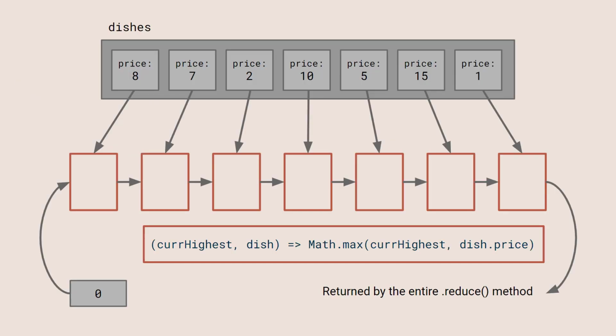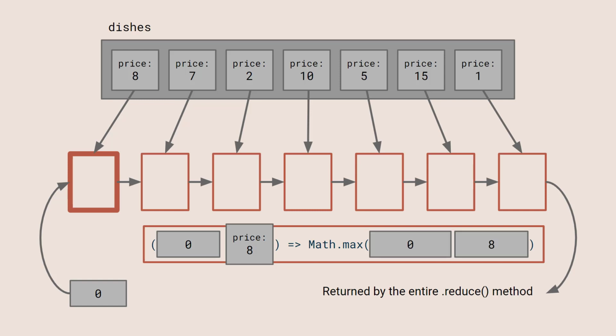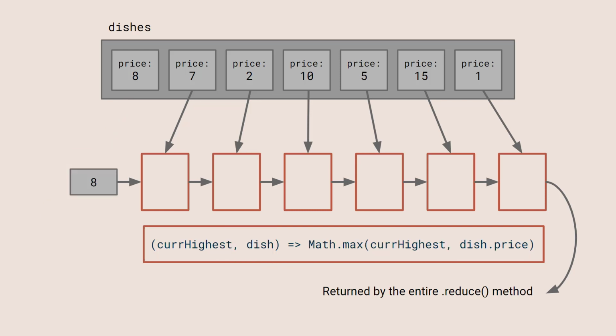Let's try this now. So now when we make our first call to our callback function, 0 gets filled in as current highest. The dish with the price of 8 gets filled in as dish. We call math.max with 0 and 8. They are numbers, beautiful. And we get 8 out. That's perfect. That's exactly what we wanted. Our 0 didn't cause any issues. It just made sure that first run went correctly.